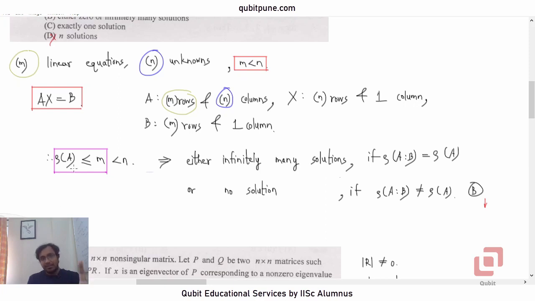Whether the system is consistent or possesses solutions is decided by the equality of the ranks of the coefficient matrix and the augmented matrix AB, isn't it?